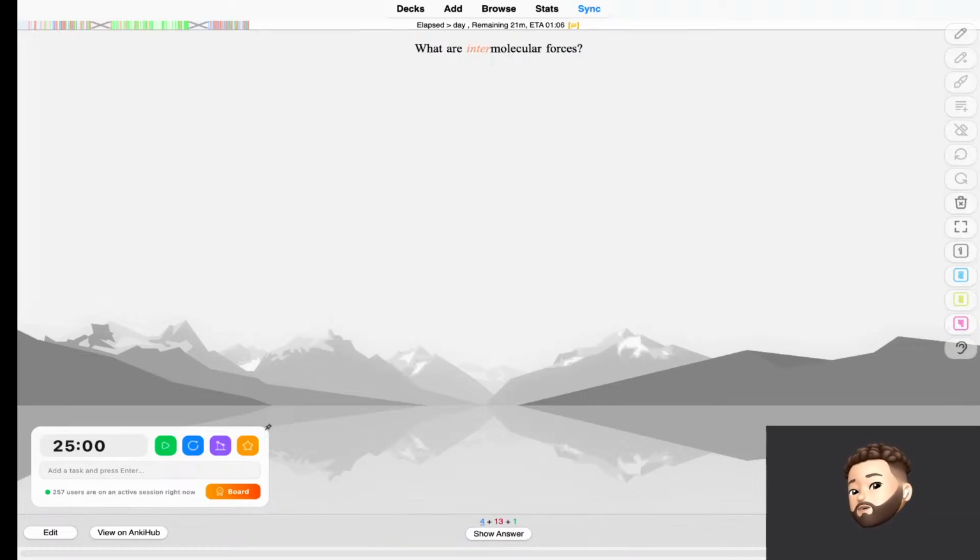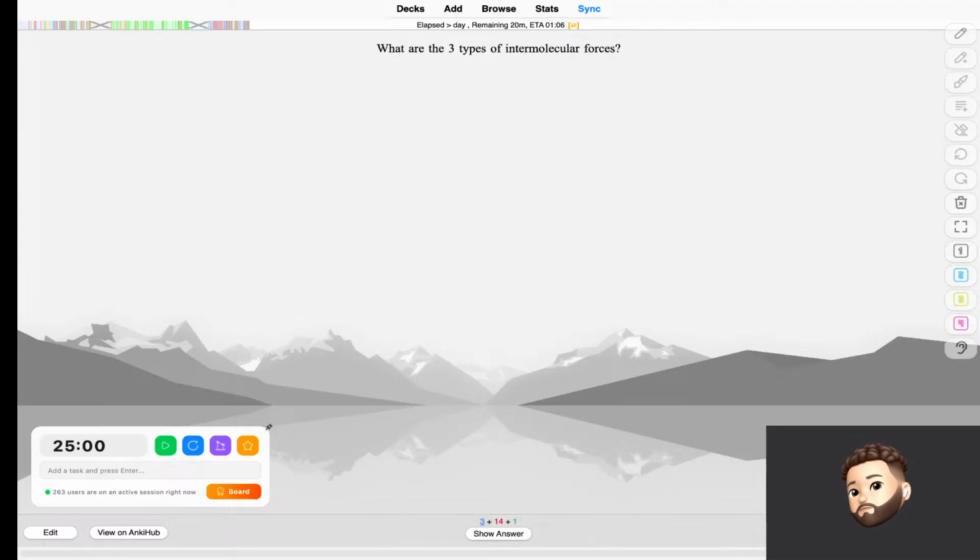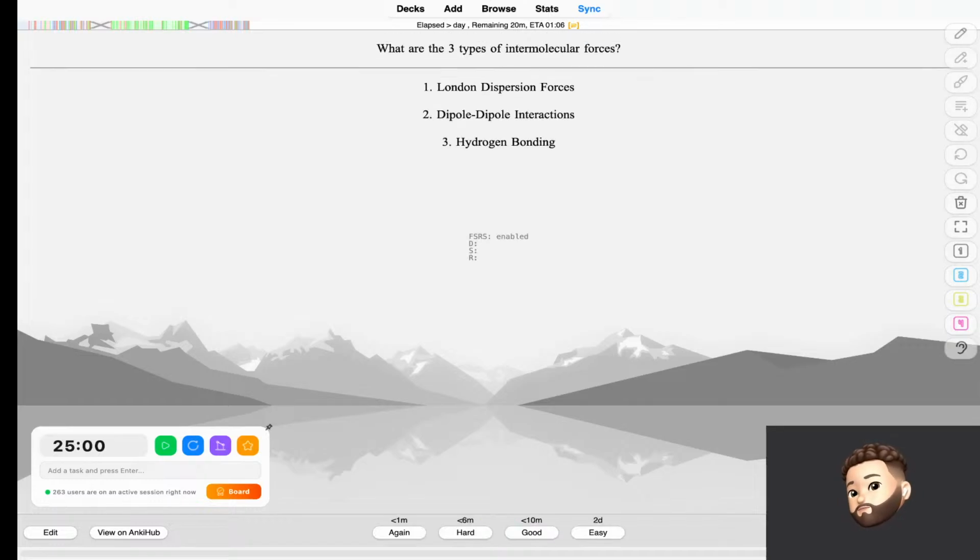These are forces between separate molecules, or electrostatic interactions that come from the interaction between different molecules. Three types: London dispersion, hydrogen bonds, and ionic.